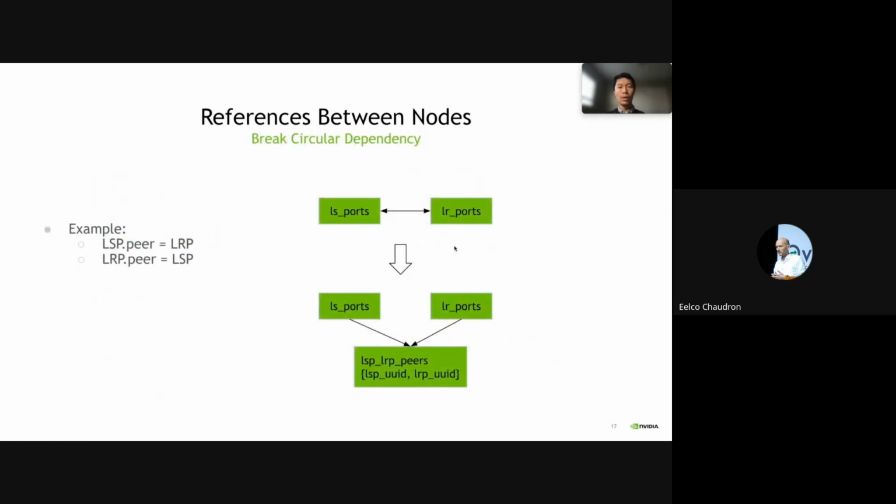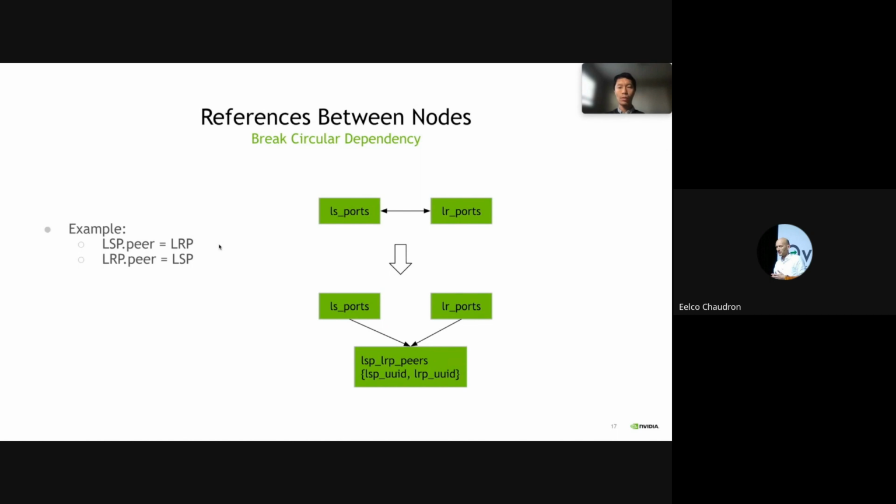Another issue with references between nodes is circular dependency. And this is one of the reasons why we didn't split logical switch ports from the northd data node. In this example, the logical switch port is connected to a logical router, so it actually has a peer port, a logical router port.